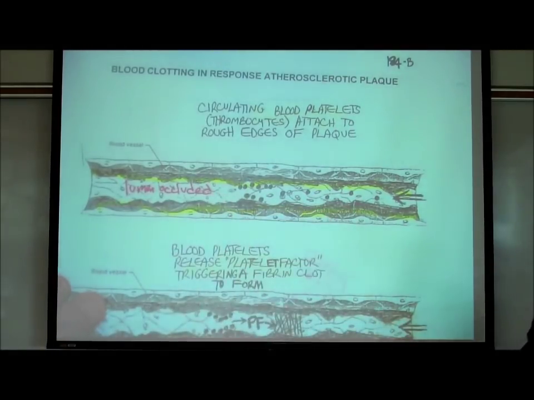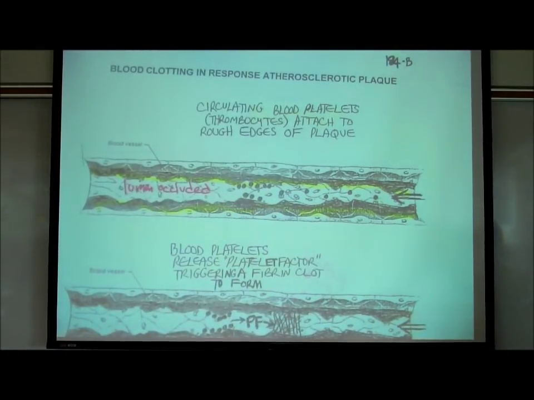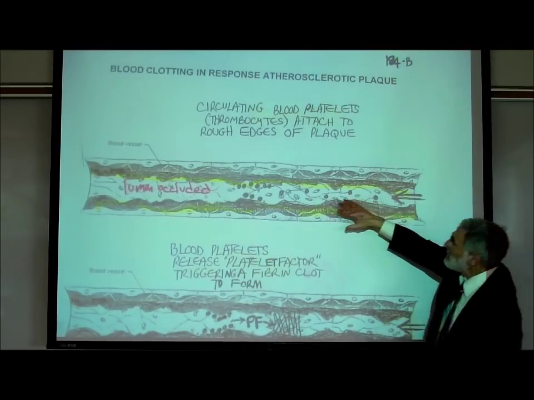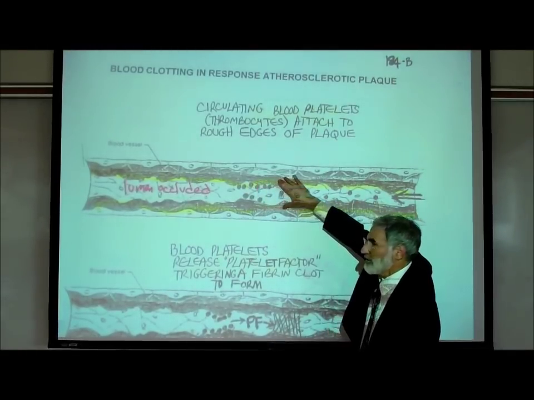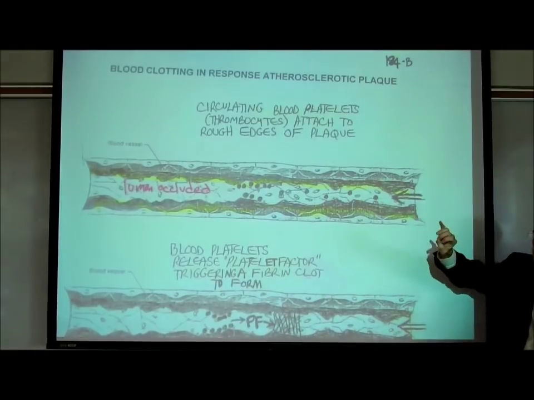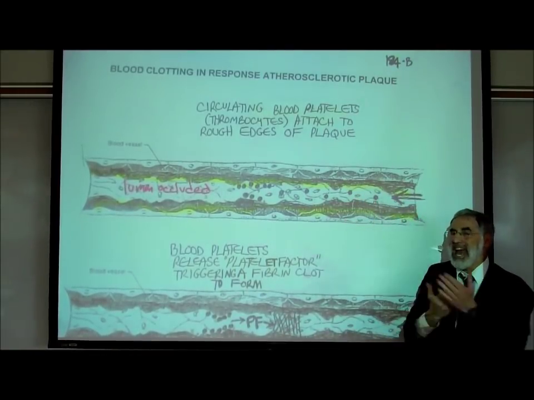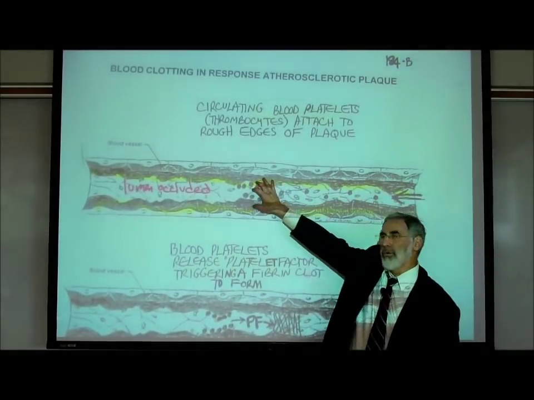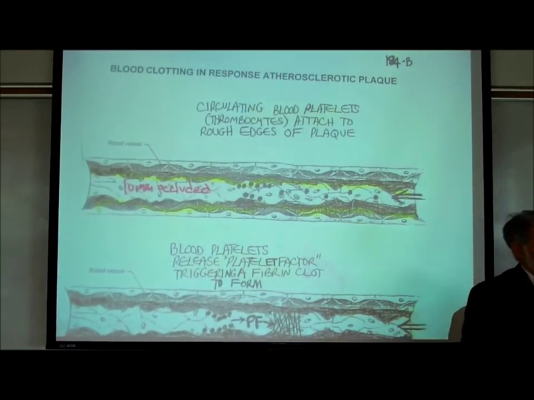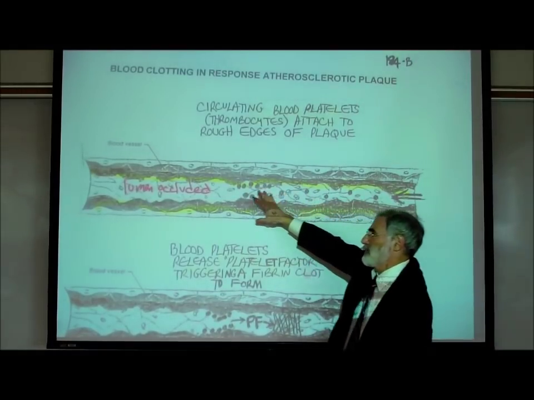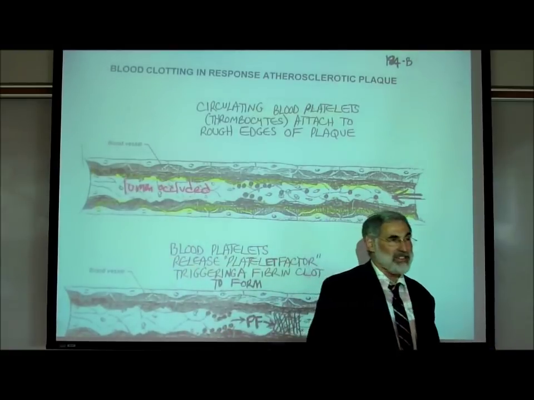But even more importantly than that, this has created a rough surface. And the blood platelets, we said, are designed to attach and aggregate along rough edges, rough surfaces. Normally, what would have created the rough surface is a cut in the wall of the vessel.